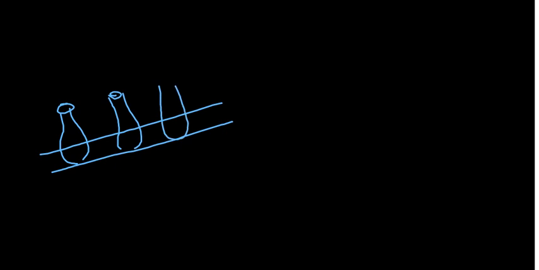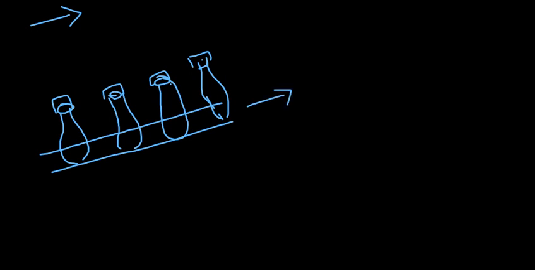This is the capping of the bottle, and this is the fourth one. Now let us say that these bottles are moving in this particular direction. This is the conveyor belt. It is moving in this direction.